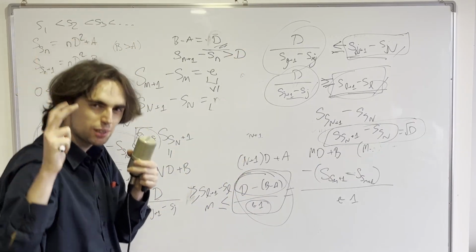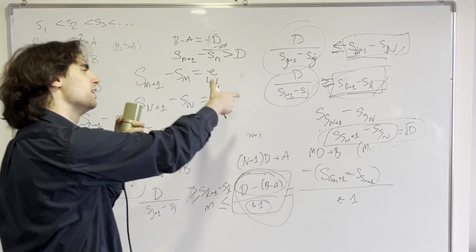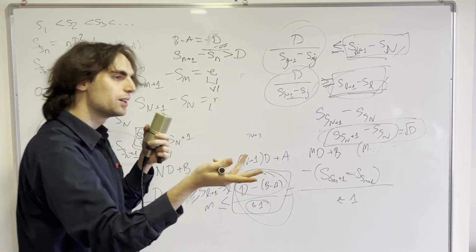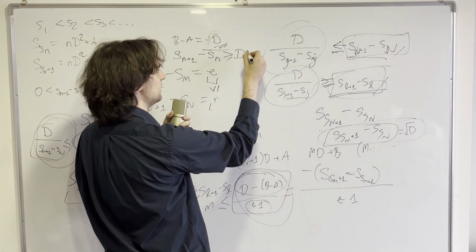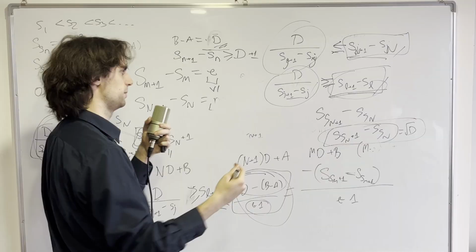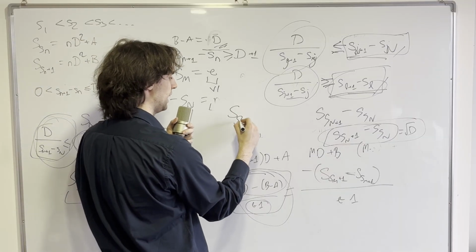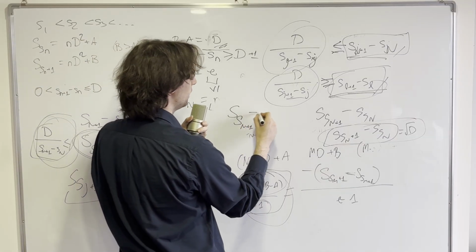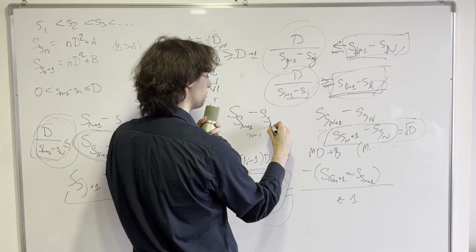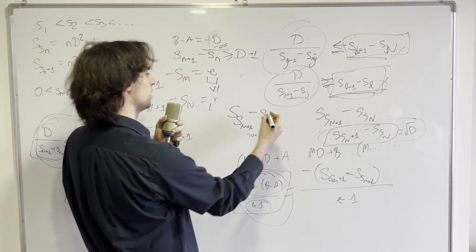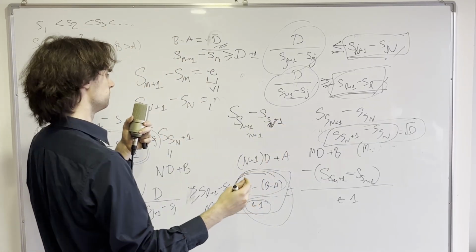Well, the same sort of logic would apply. Like we could also do it through here, but another way to go about doing this is then this is at least d plus 1. And from there we'd have the difference between S_{n+1} and S_n.